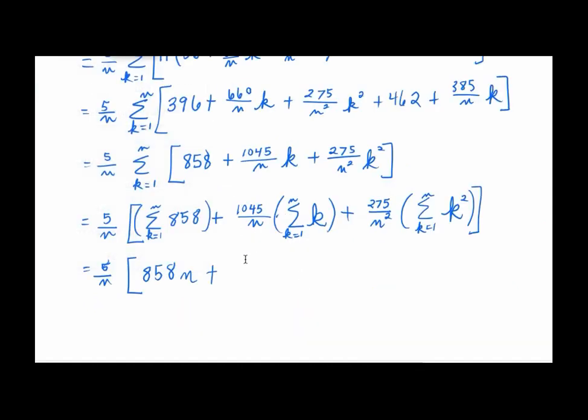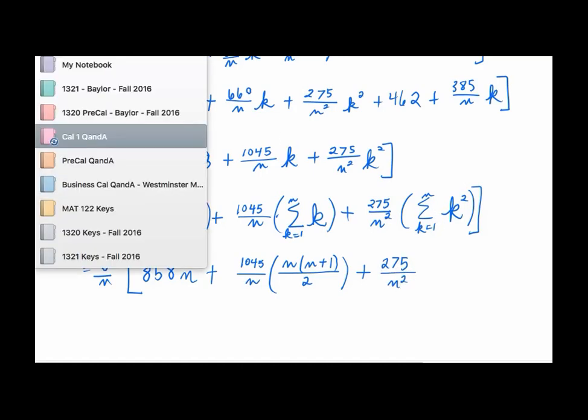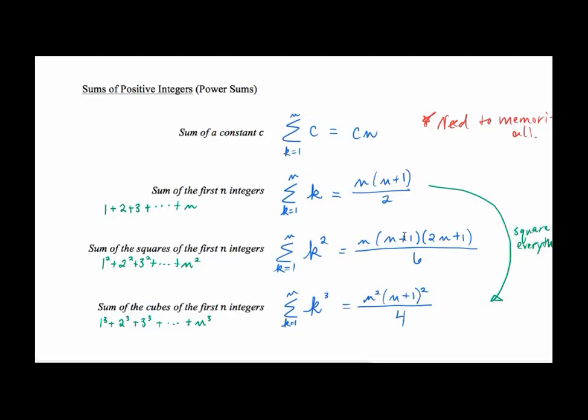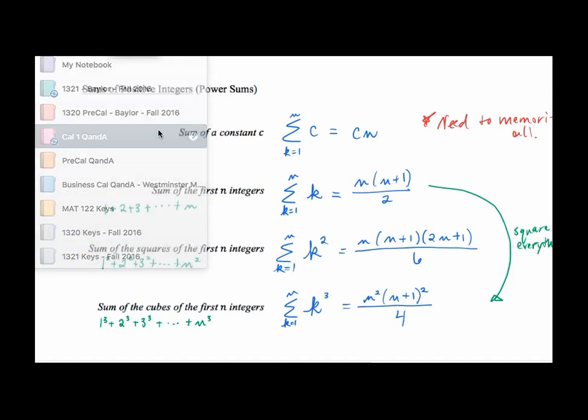That's times 1045 over n. So the sum from k equals 1 to n of k is n times n plus 1 over 2, plus 275 over n squared times the sum from k equals 1 to n of k squared, which is this one, which is n times n plus 1 times 2n plus 1 over 6.